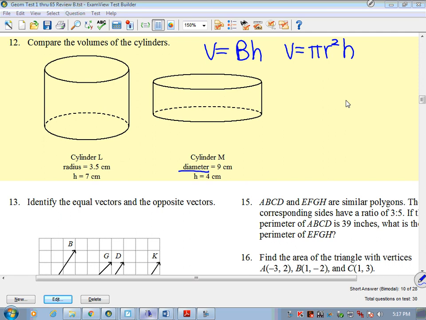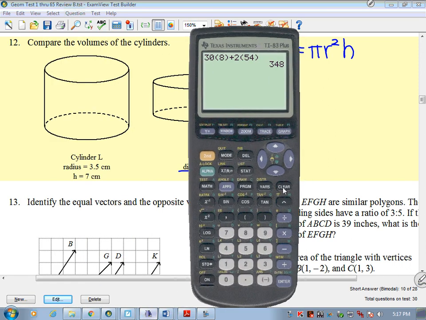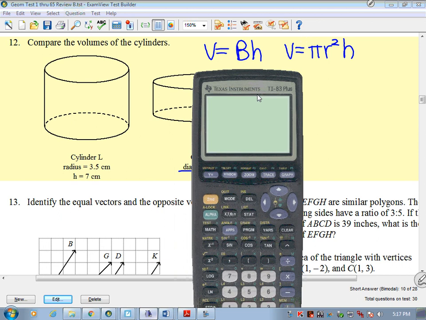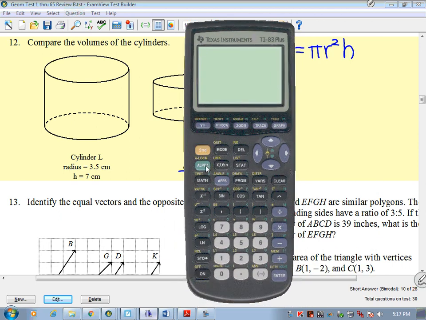So let's take this first one. Okay, move this guy over. Okay, if we have to, we'll move some things out of the way. Okay, so let's see. We got pi, my radius is 3.5 squared times my height of 7.